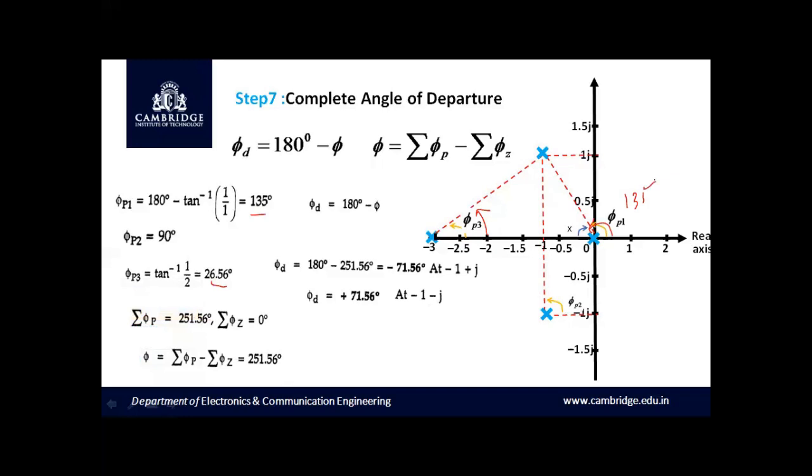Also, let us justify that phi p3 is equal to 26.56 degree. And let us continue marking the angle of departure for the complex conjugate pole at minus 1 plus j as minus 71.56 degree, as well as for the other pole as plus 71.56 degree.